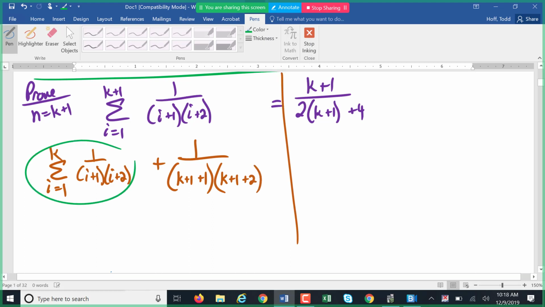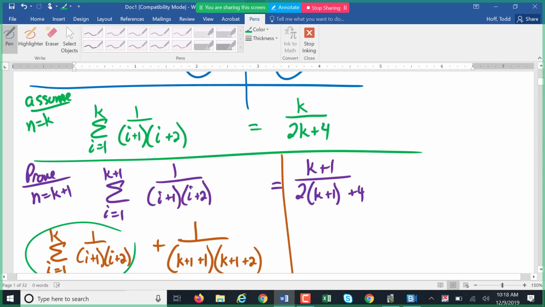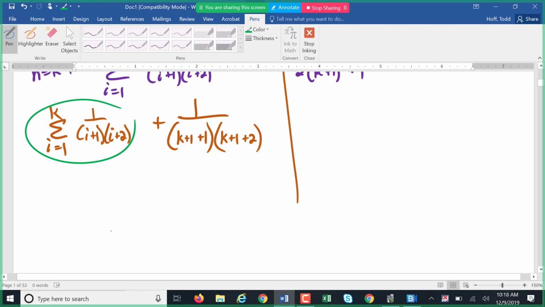This sum, we know from our assumption, is equivalent to k over 2k plus 4, plus this term, which is 1 over (k plus 2) times (k plus 3).